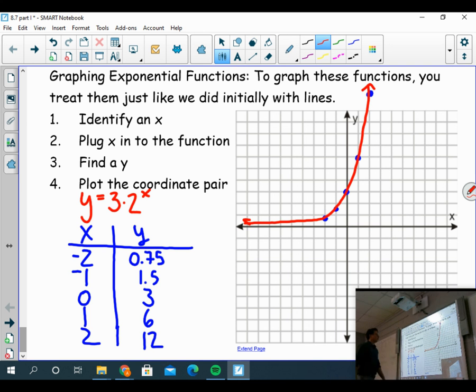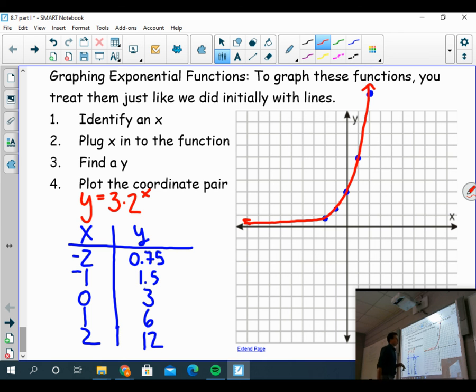As our x value increases, so does our y value, but not at a consistent rate like a line, where every time you're going up 2 over 1, up 2 over 1, up 2 over 1. No, as your x value gets bigger, your y values get drastically bigger. And this, again, goes back to the idea that they are doubling.